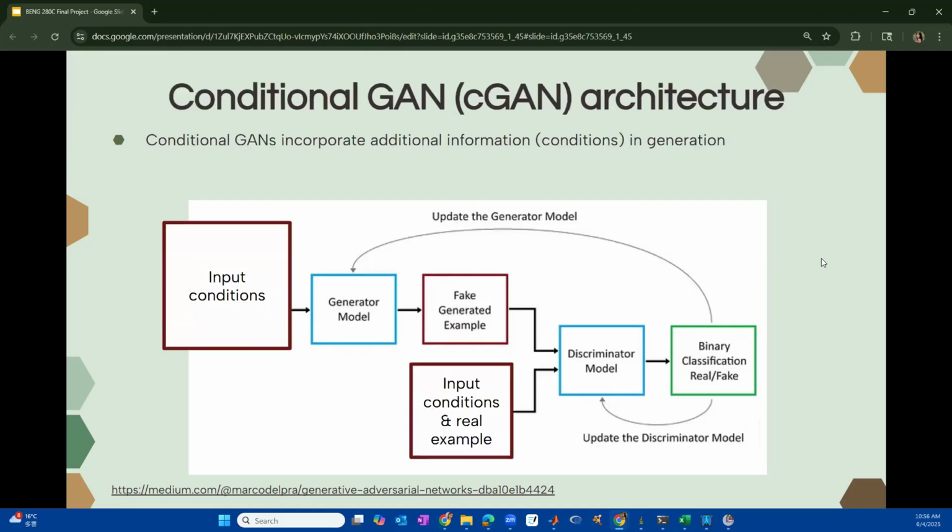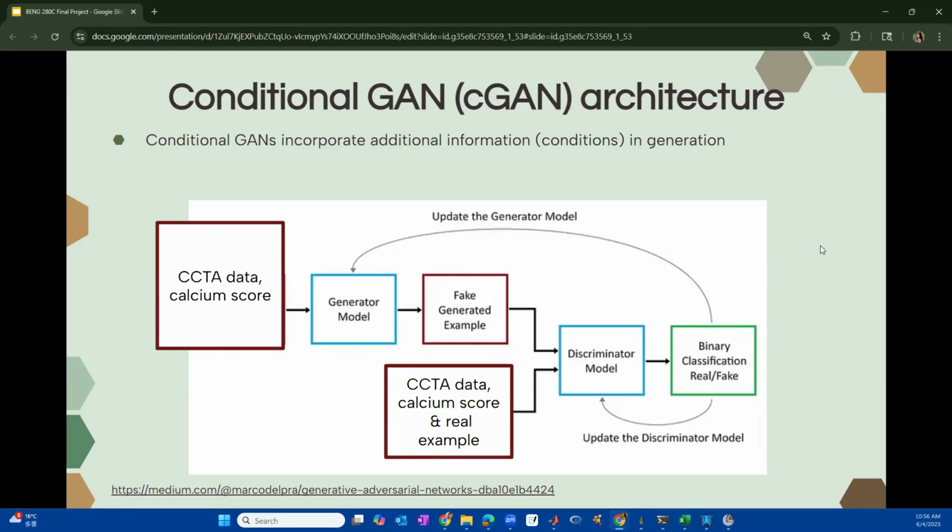So for our project, we used a specific type of GAN known as a conditional GAN, or CGAN. While classical GANs are fed only random noise, in CGANs the model is fed additional information, or conditions. In our case, the generator and discriminator are both fed with CCTA data and a calcium score.